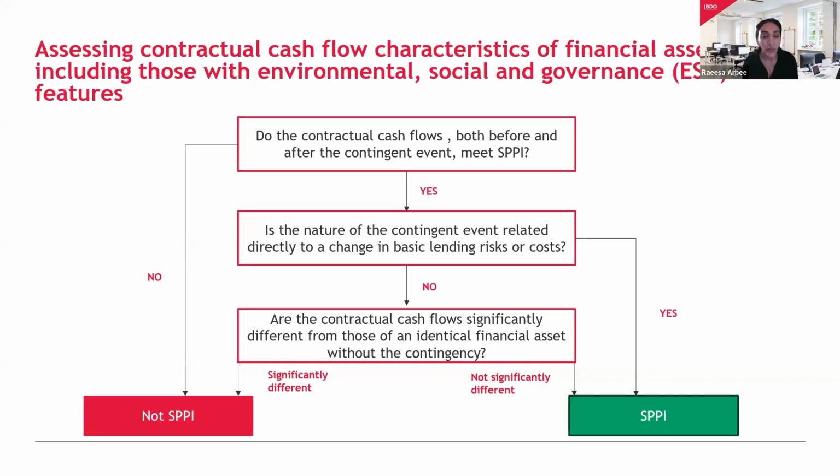Given there's no bright line, we consider both quantitative and qualitative factors in making this assessment. And then depending on that answer, we'd either say, yes, this asset still meets our SPPI and therefore can be measured at amortized cost, or no, we now have to measure this instrument at fair value.